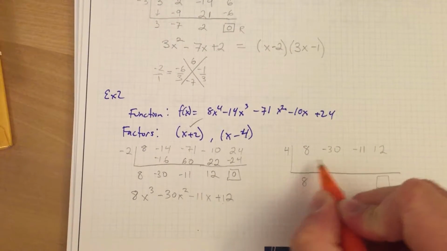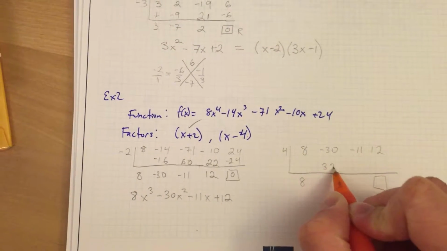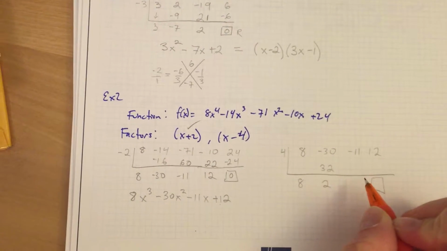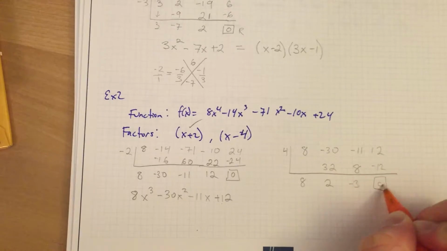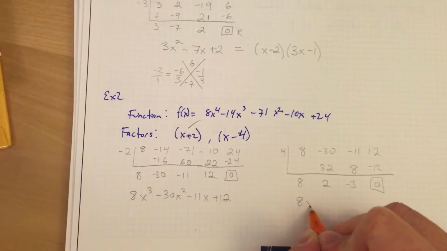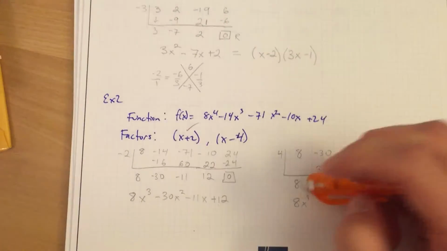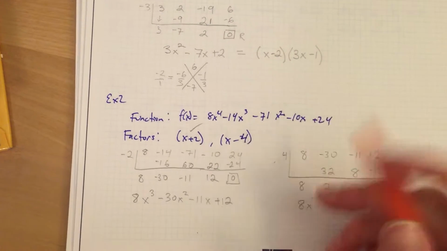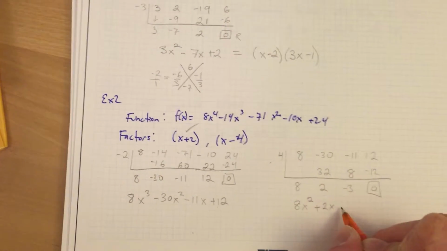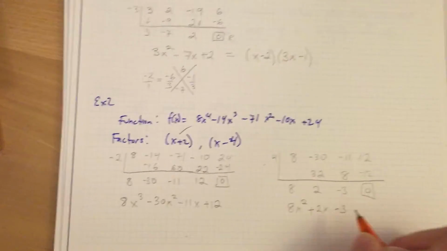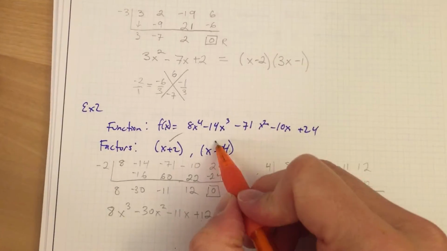Okay, bring down the 8. Gives you a 32, positive 2. And that gives you 8, negative 3, negative 12, 0. Yay! So what do you get? You get 8x squared, my fault, plus 2x. And minus 3. So now we've used that factor.